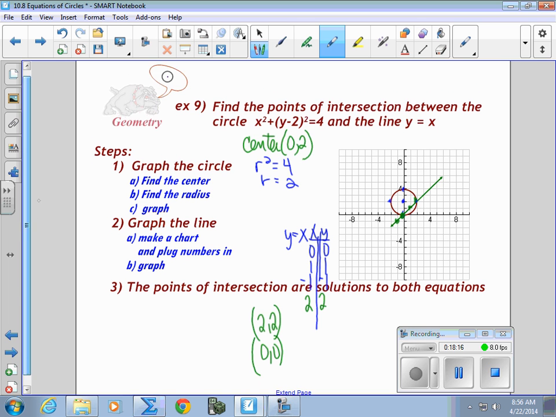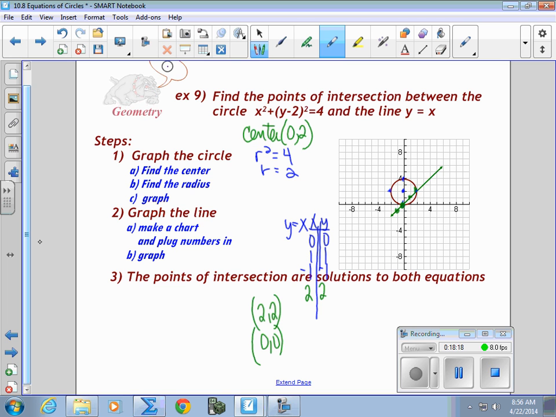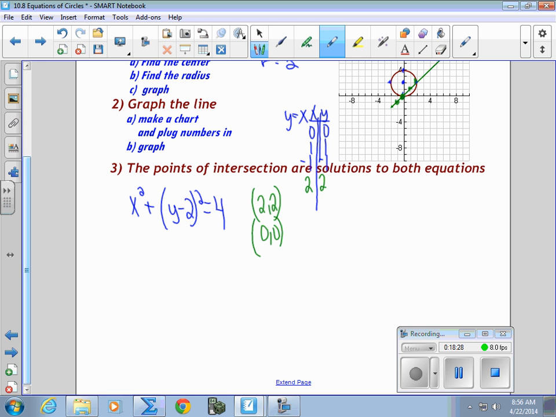So if we go back to our equation, we have x squared plus y minus 2 squared is 4. So if we plug in 2 squared plus 2 minus 2 squared, we get 4 plus 0 is equal to 4, so 4 is equal to 4.